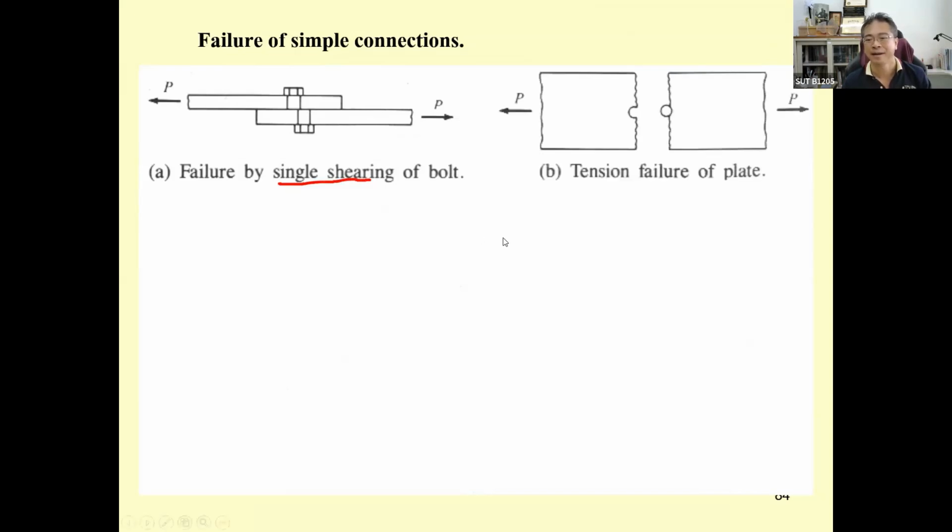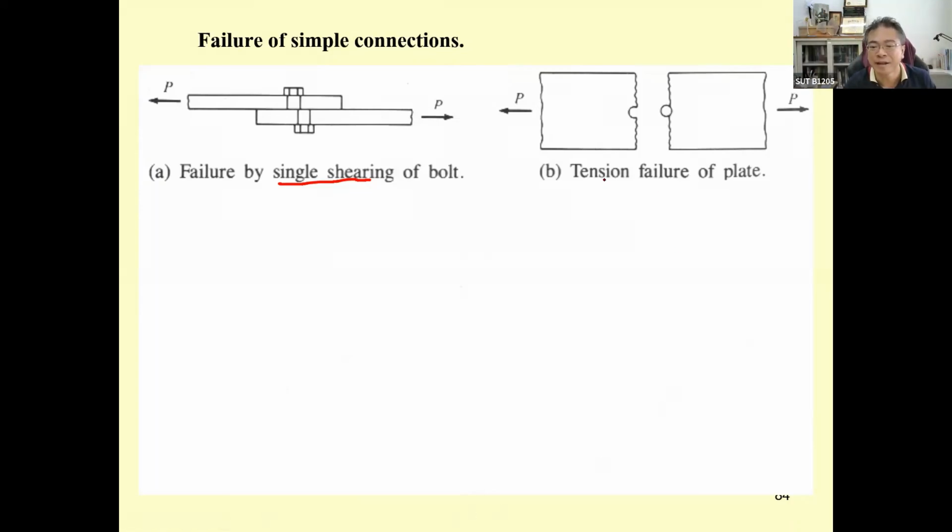And there is another thing I just showed you before. When you pull, it may cause the failure along this portion. That is going to be the tensile failure.